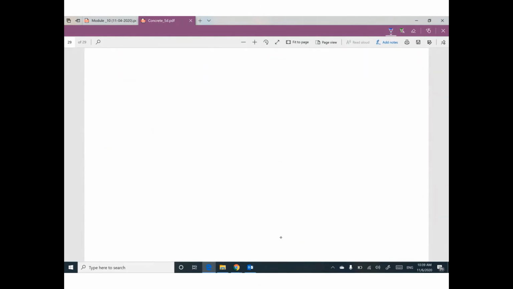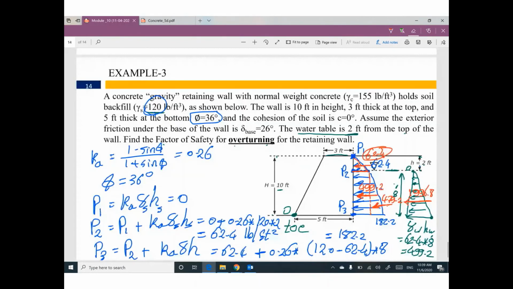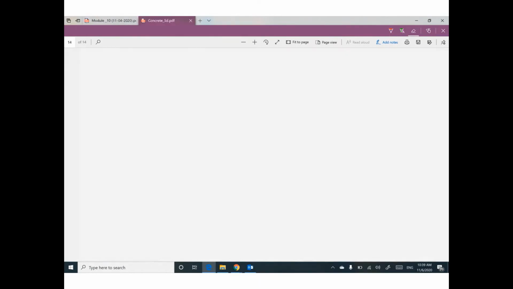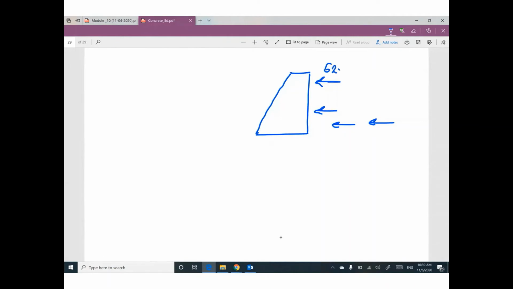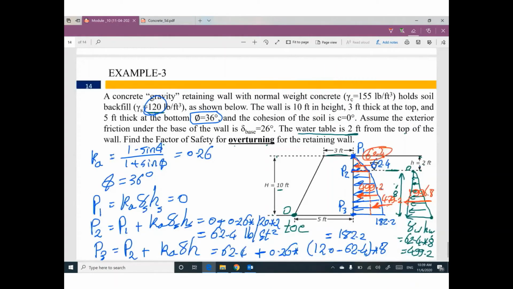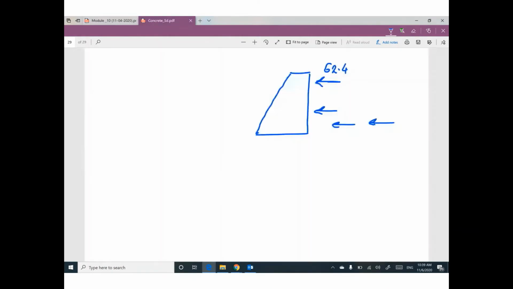So this retaining wall has a force here, another force, another force, another force. The top one, 62.4. This one from the rectangle, 499.2.